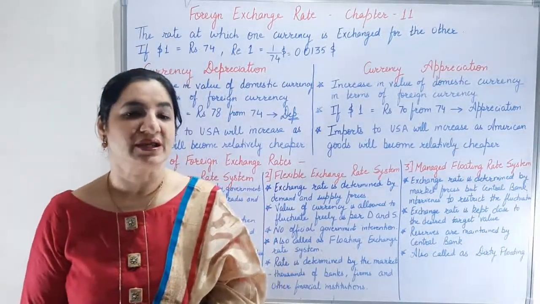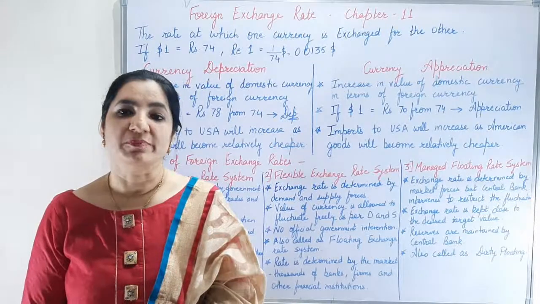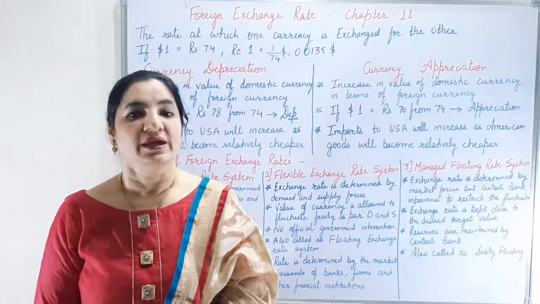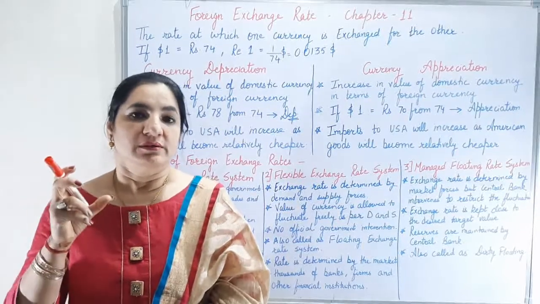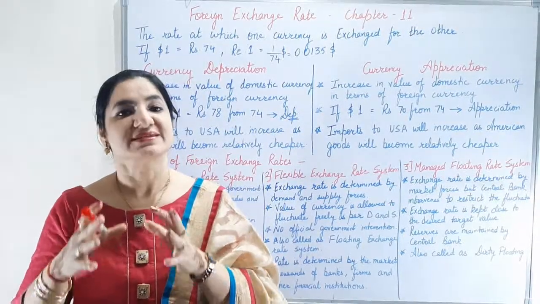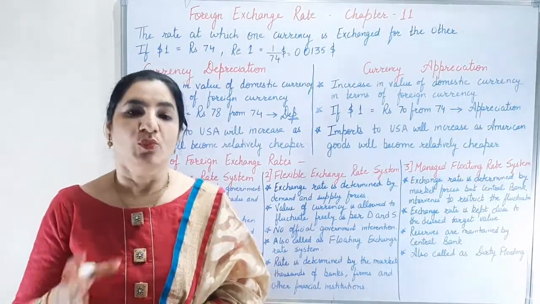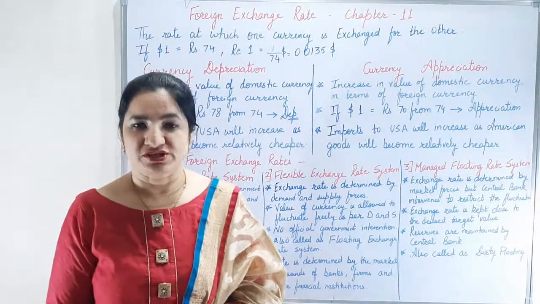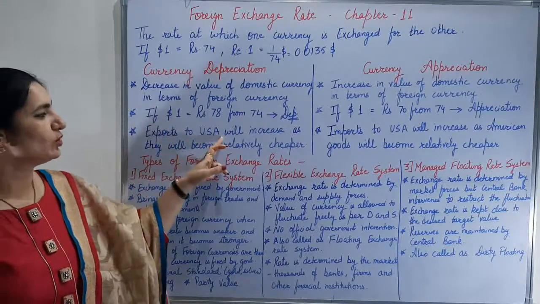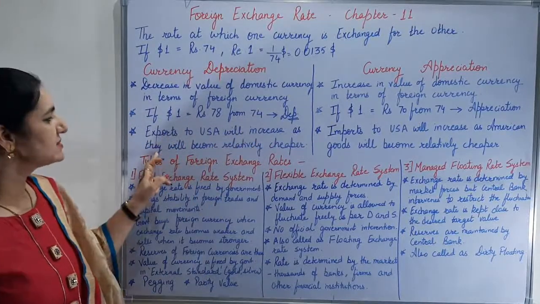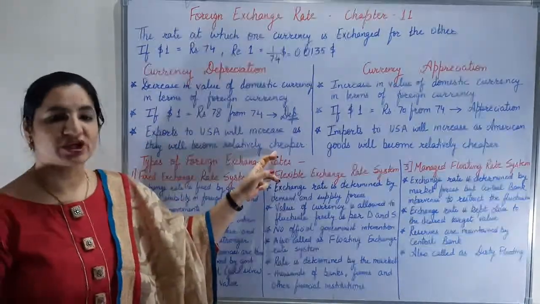Depreciation of domestic currency means fall in price of domestic currency in terms of foreign currency. It implies that with the same amount of dollars, more goods can be purchased. This is the reason exports to USA will increase as they will become relatively cheaper.